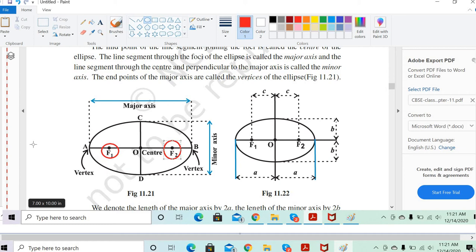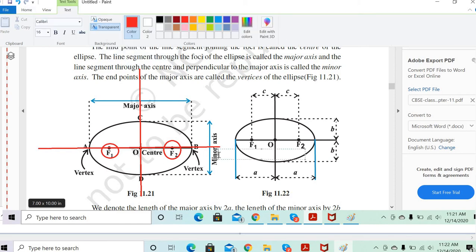Now imagine this is like a Cartesian coordinate system. So it can have the upward parabola or the downward, not parabola, sorry. The ellipse can lie horizontally on the x-axis, or it can vertically lie on the y-axis.